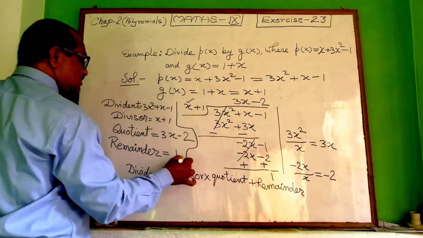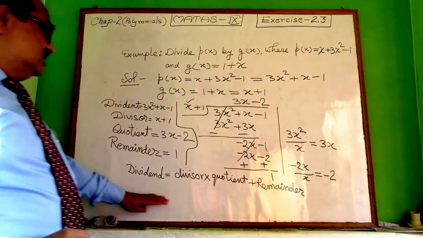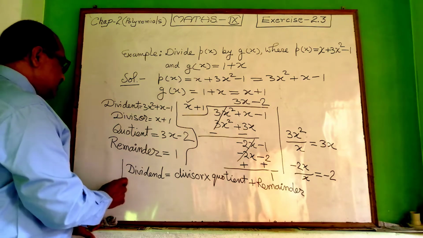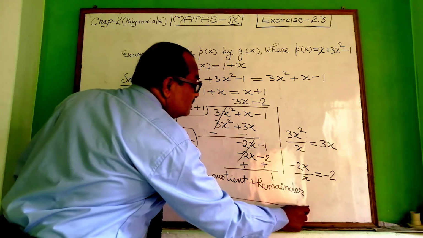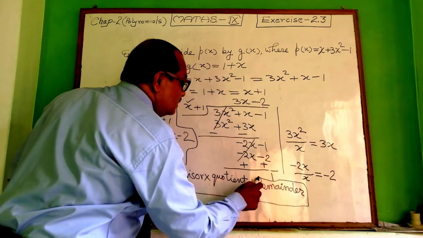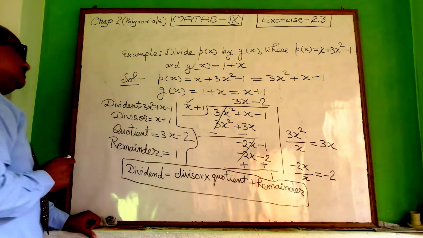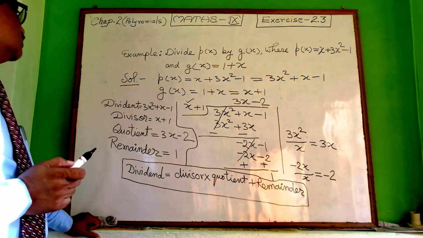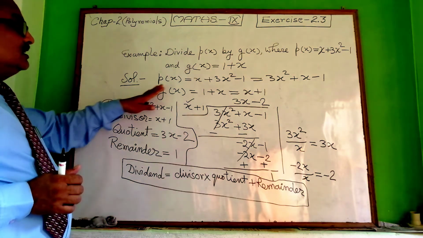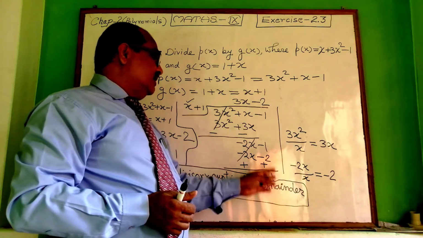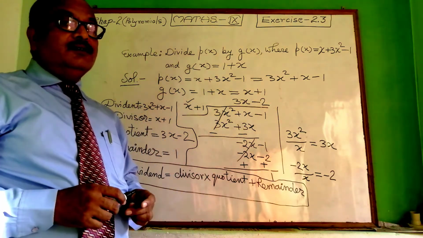Everything is known. You may verify this division algorithm. So students, you will learn this thing in class 10th as well as in class 9th also. It is direct division: how to divide and find remainder and quotient.